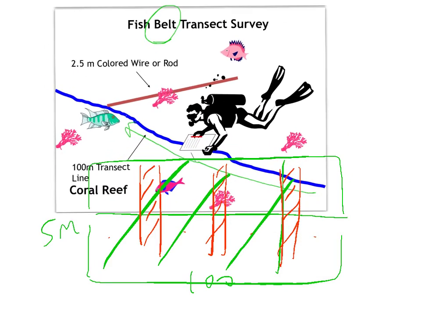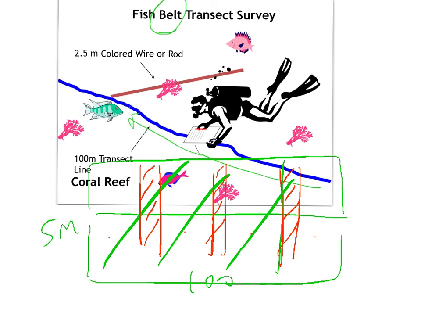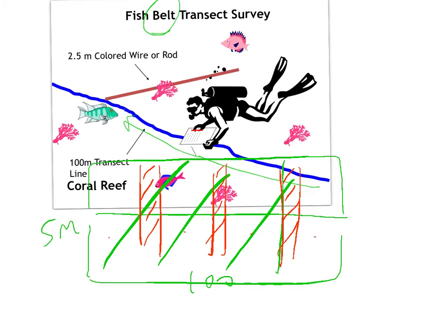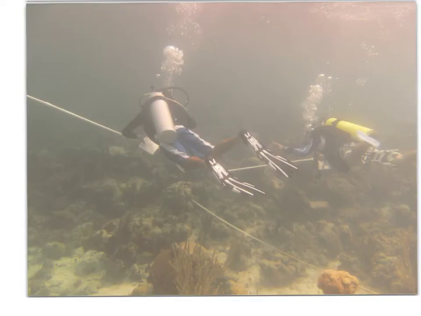All right, and so in order to count the whole belt, we use a rod. We usually use a piece of PVC pipe that we carry along with us, and then we can tell how far out we are. Here's a picture of some students. This is actually Dwight over here, a Keene State student who has since graduated.